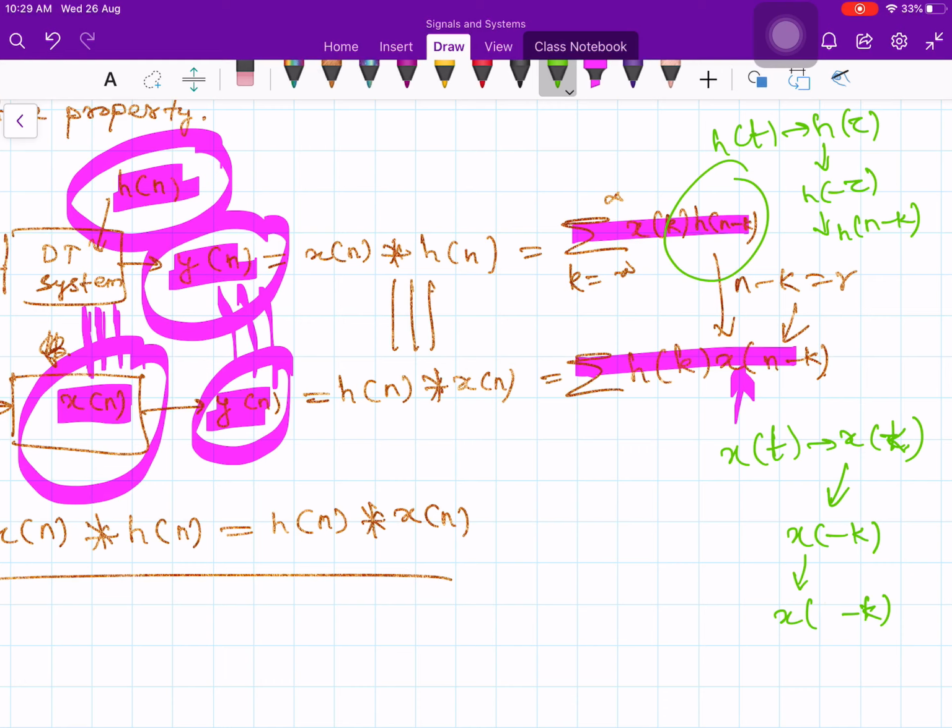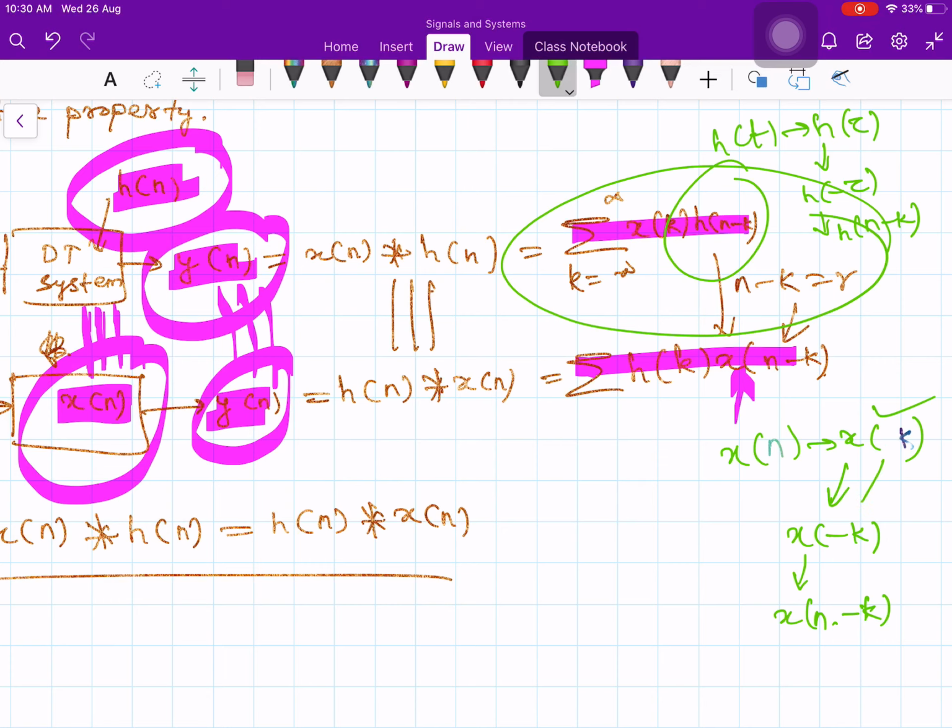Okay, so we could have calculated this convolution by first reflecting this one. Sorry, I made a mistake again, this is not t, this is discrete time, x of n, x of k.